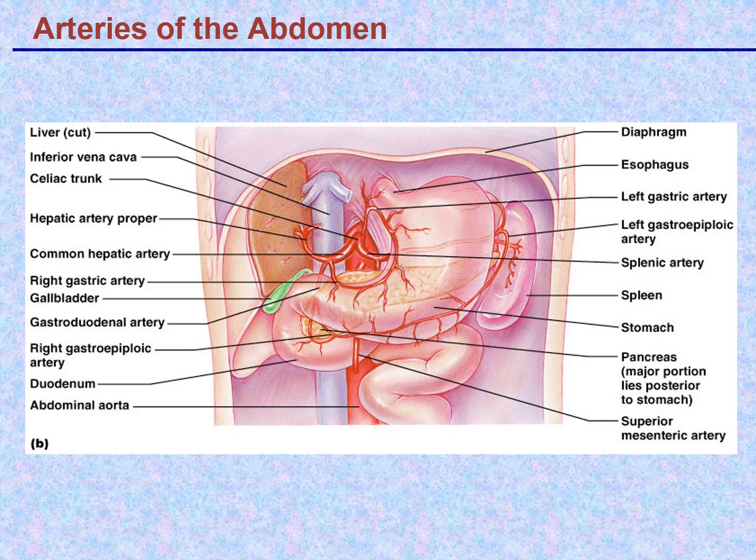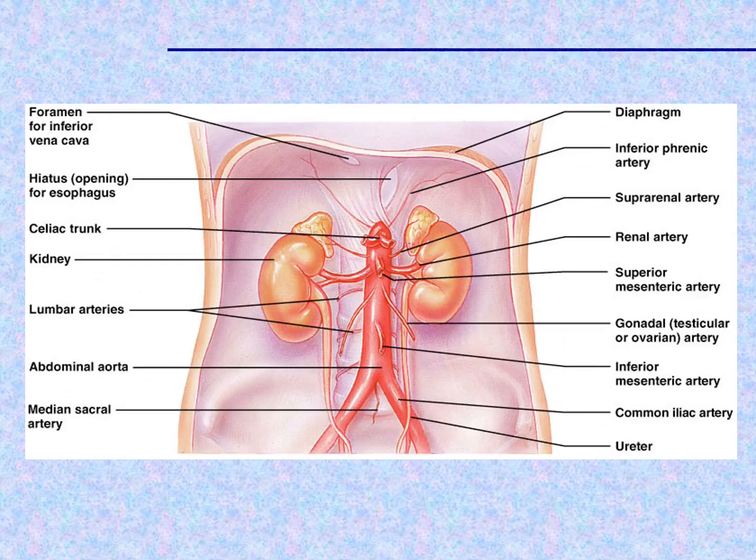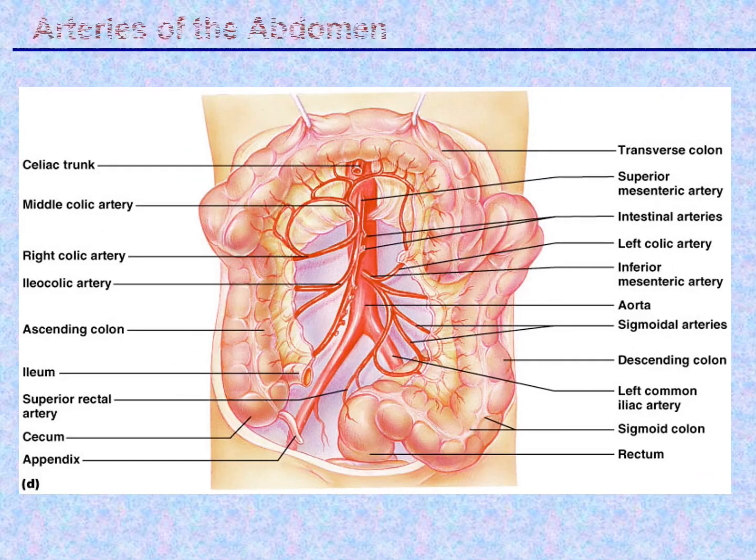Here you see arteries in the abdomen. I think I can just keep going here. Abdominal. These are retroperitoneal organs. This is showing lots of arteries in the mesentery, supplying arterial blood to the large intestine. They're showing mostly large intestine here. They've stripped away the small intestine.